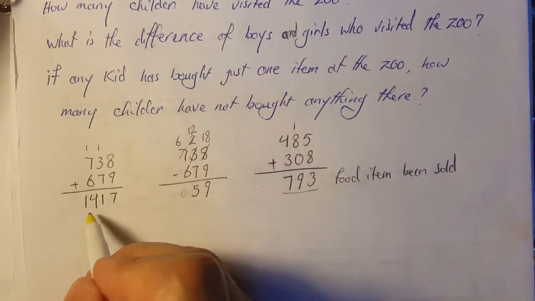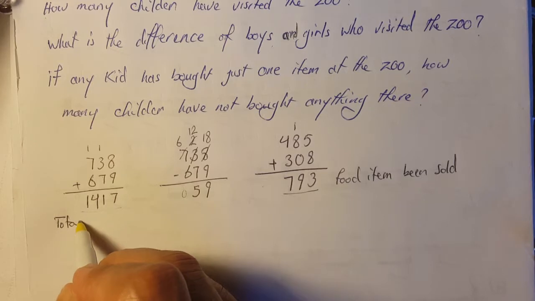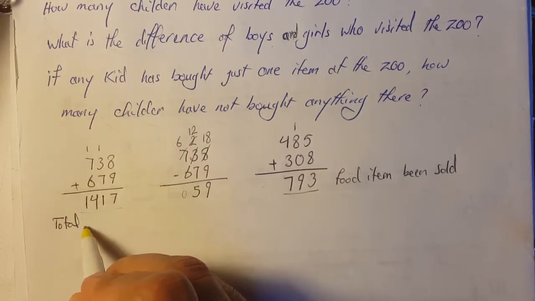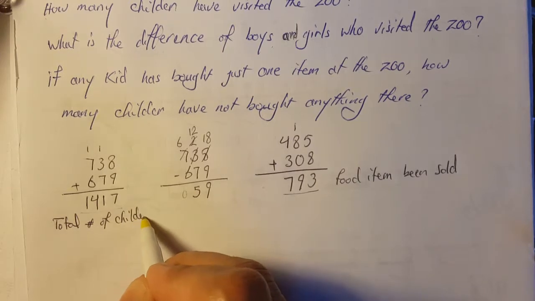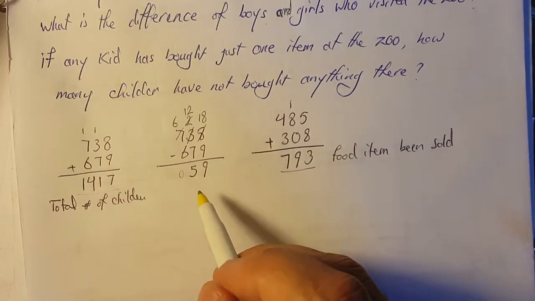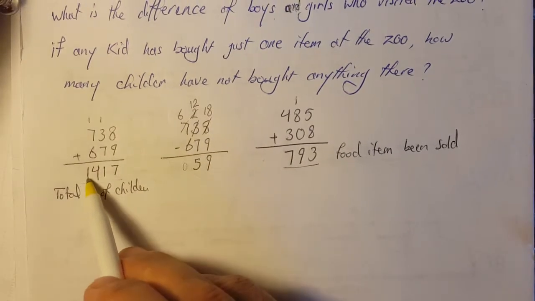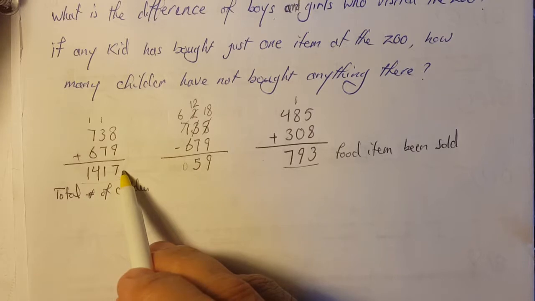The total, 1417, was the total number of children. 59 was the difference between boys and girls. Okay, the total number of children is 1417.